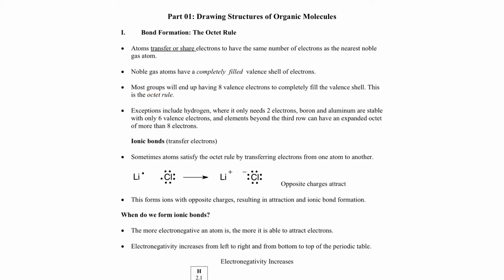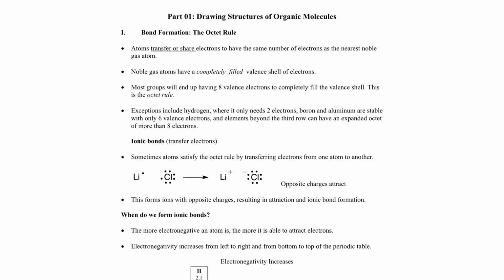For example, with hydrogen, its closest noble gas atom is helium, so it only needs 2 electrons. And boron and aluminum are stable with only 6 valence electrons. We think of them as incomplete but still stable.